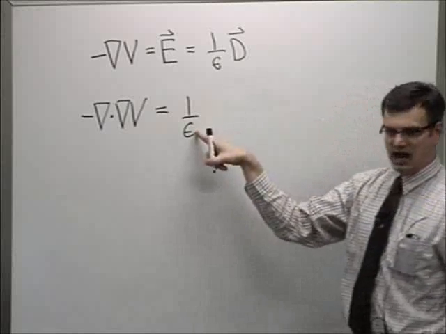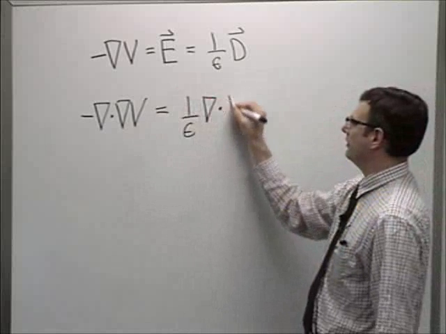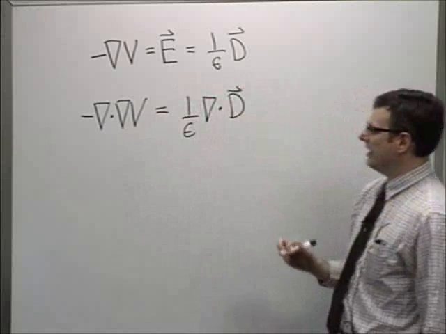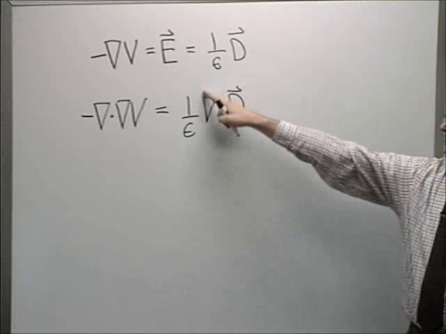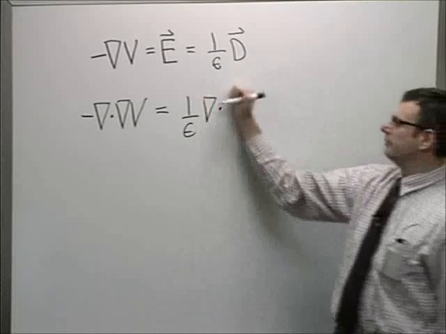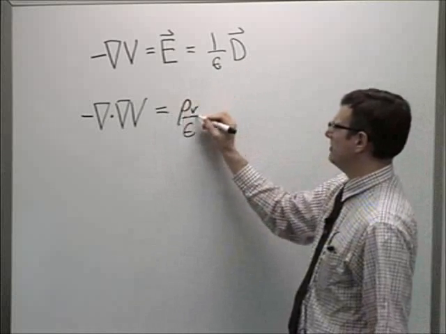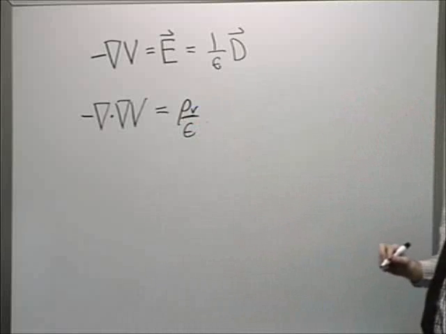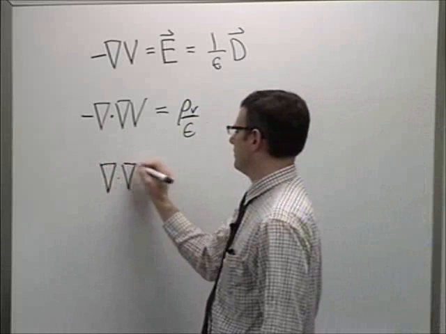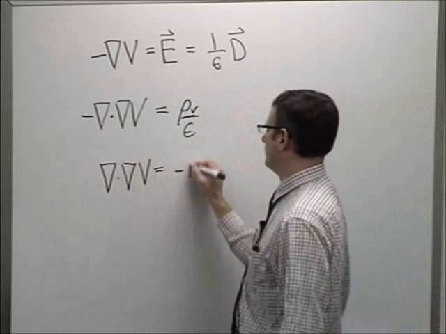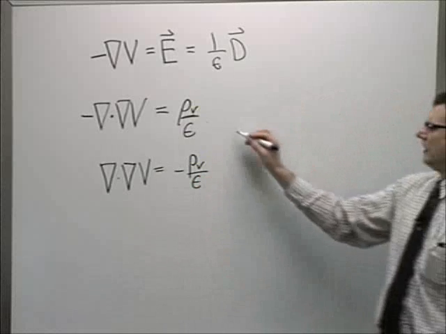Now remember, epsilon is a constant in this class, so I can take my divergence operation straight on through. And I have a relationship, Gauss's law in differential form, that can just replace this. This is the volume charge density at a point in space. If I rearrange this, this is called Poisson's equation.